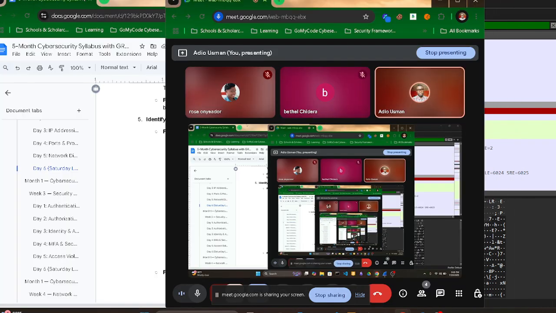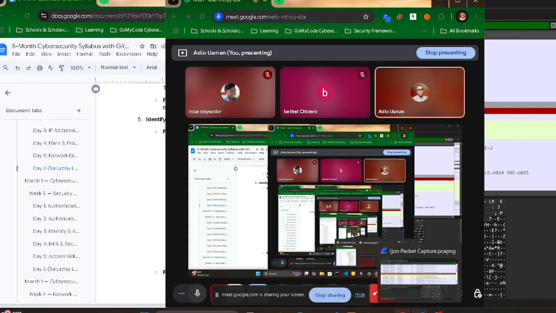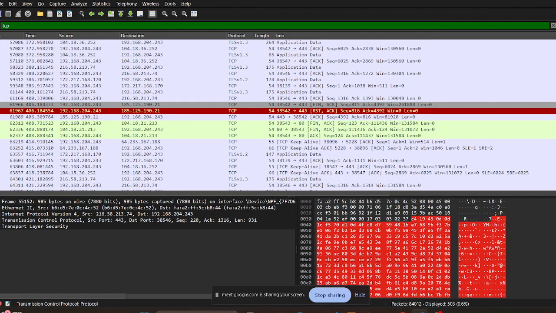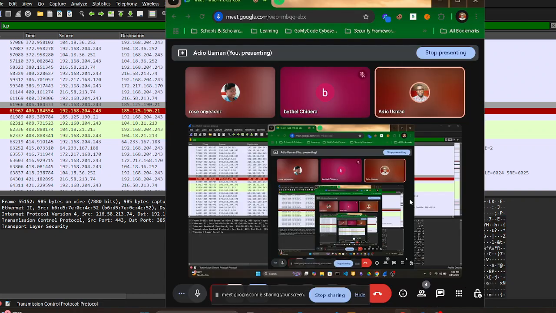I can't manage it, but you're supposed to see my desktop screen itself, not Google Meet.